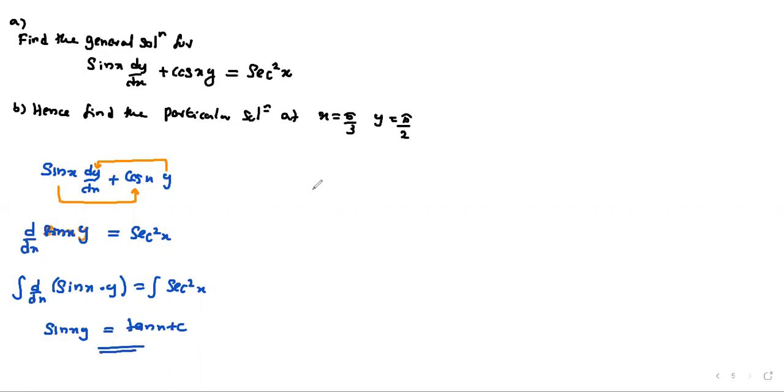To find the particular solution, what you need to do is substitute and find the particular equation for this differential equation. So you can say sin x, x is pi by 3, into y, y is pi by 2, equals tan pi by 3 plus c, right?